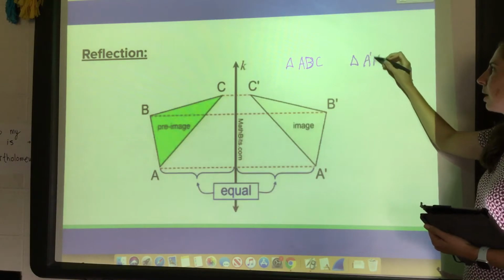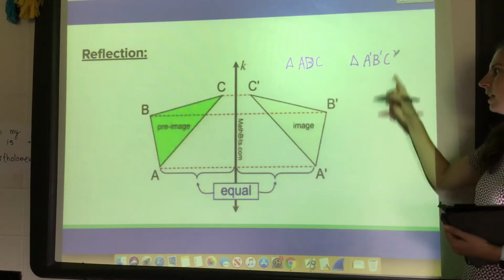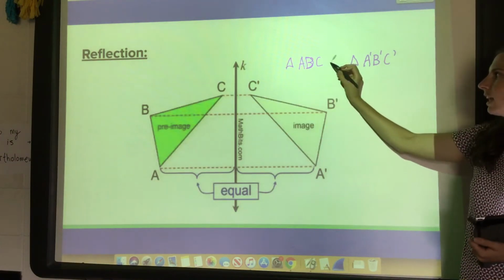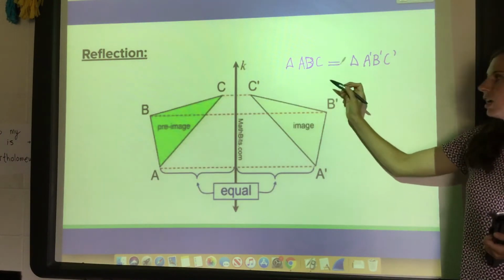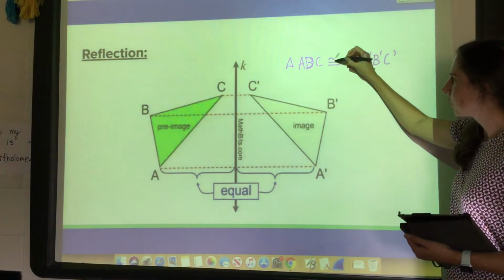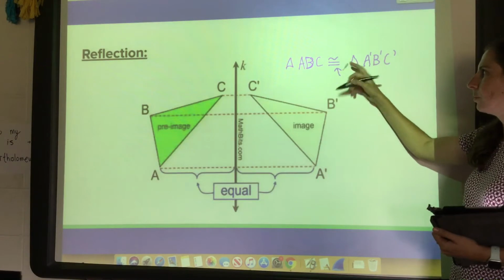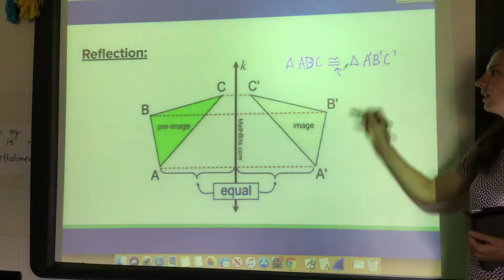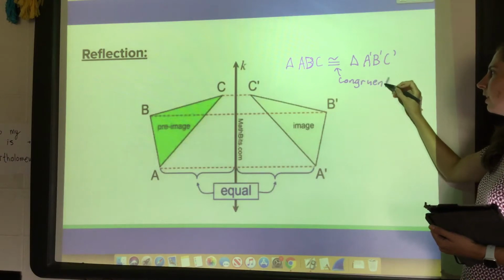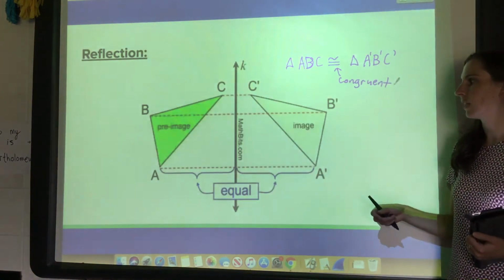Triangle A prime, B prime, C prime is my image, the new one. And to say they're congruent, we write an equal sign. But in geometry, since we're talking about shapes instead of numbers, we have a little squiggle on top. This symbol right here, an equal sign with a squiggle on top, means congruent. It means they're the same. All the lengths and angles have the same lengths and measures.